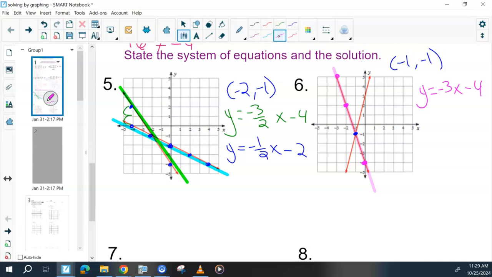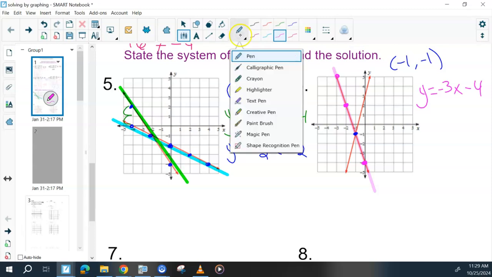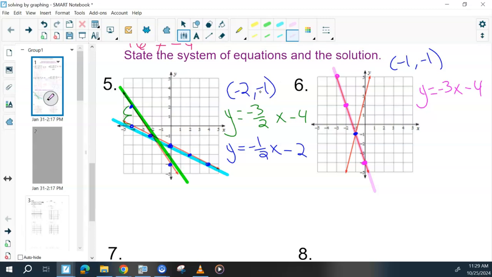And then the other one. And that goes through the y axis at what value? 7. Bigger. Where does that cross the y axis? 3.